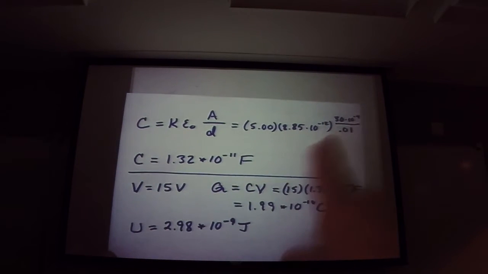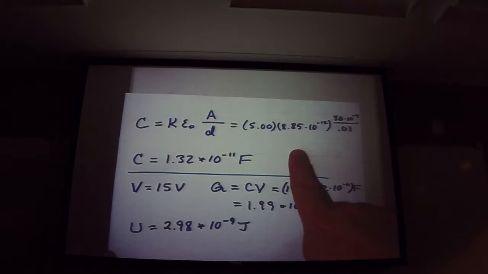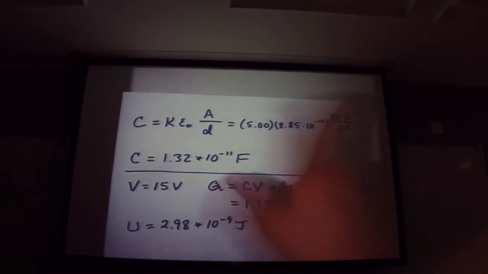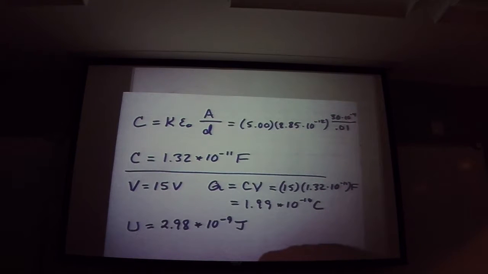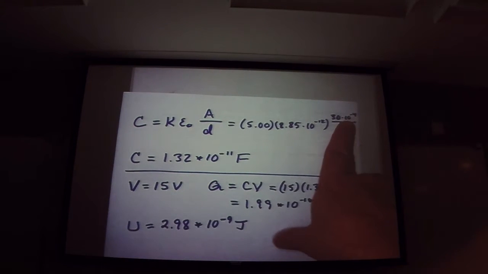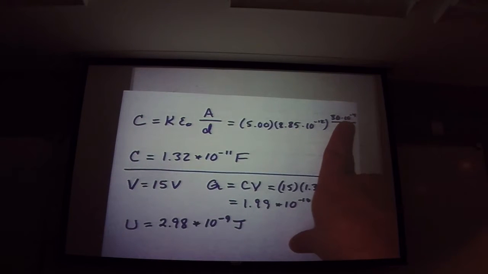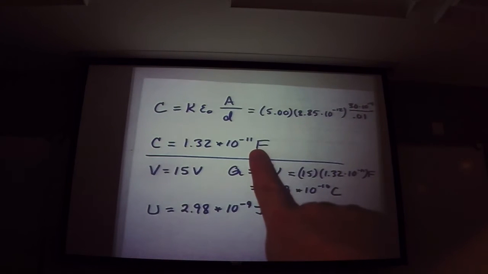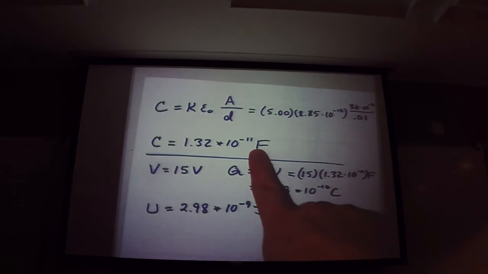So negative 9. I don't know. I mean, did you plug it in? You did? Yeah. Did you make sure that was 10 to the negative 4? For C, 0.01. I just did it again. Just make sure you got all your numbers.